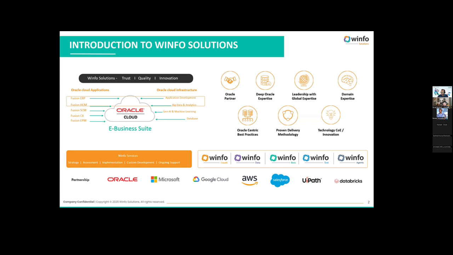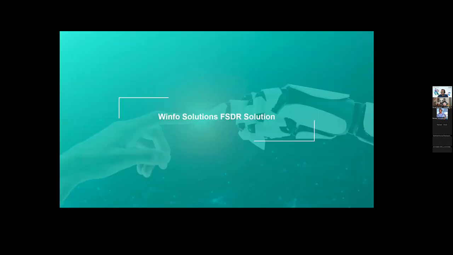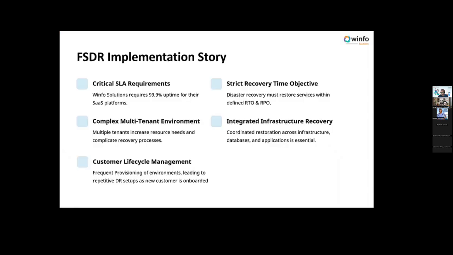That's a quick intro about Winfo. Now I'll jump into our story, where it started, the journey, and the challenges. As I said, there are two SaaS solutions, Winfo Test and Winfo Bots, which perform testing automation. We have our entire Winfo OCI stack within OCI, with a different architecture for each application that covers multi-tenancy.